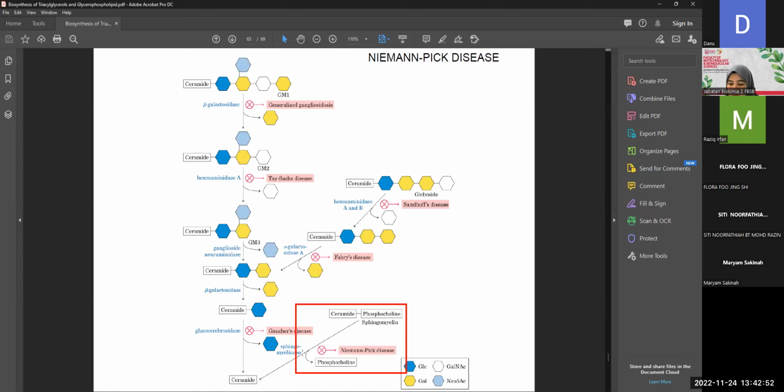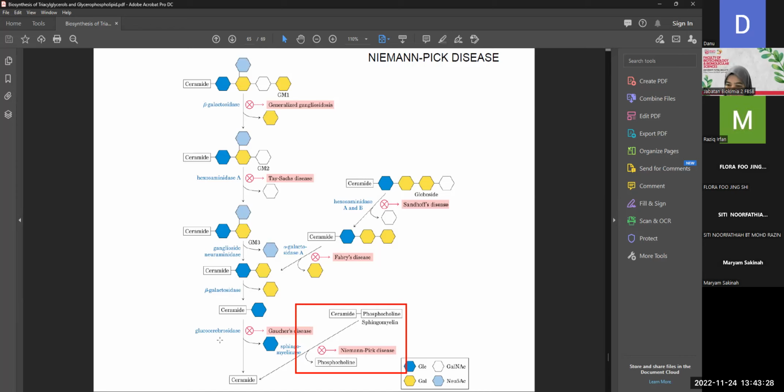For Niemann-Pick disease, there is a deficiency of sphingomyelinase, so the sphingomyelin cannot be degraded into ceramide. You can see it is a complex pathway involving different enzymes, hexosaminidase, sphingomyelinase, Gaucher, all interrelated with each reaction.